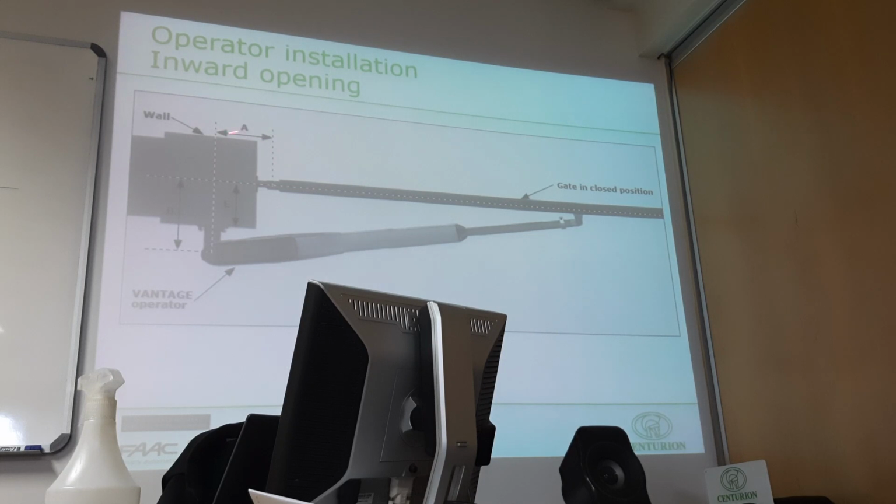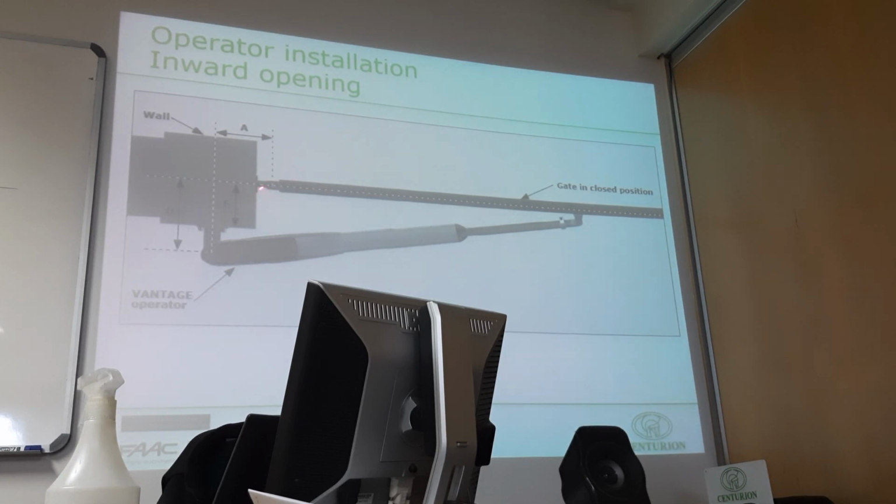If you can get your A, B and E values together, and also make sure that your Z value allows you to do 90 degrees, then if you do your A, B and E correctly, you've done the installation right. This is where a lot of installers get it wrong.